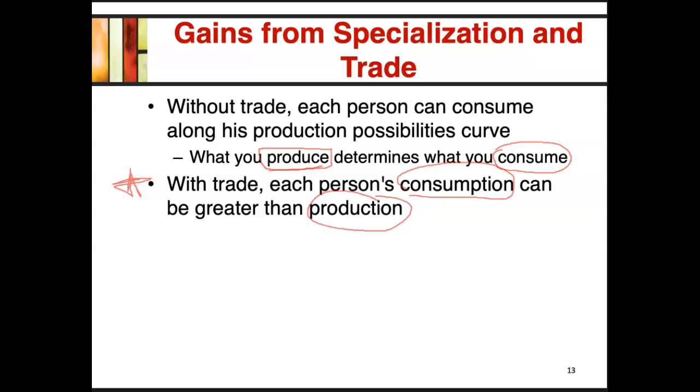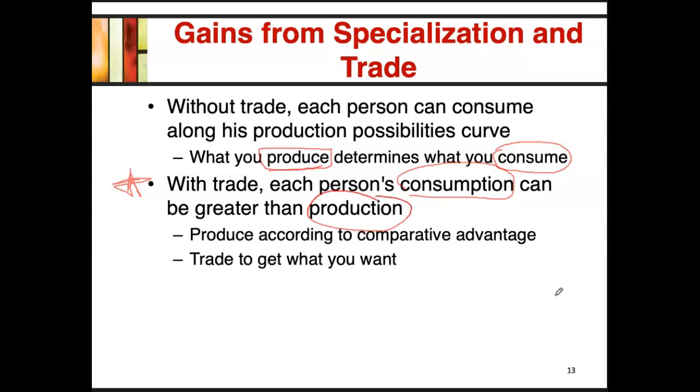We can illustrate this by looking at Claire and Nathan. Specialization always comes with trade, and trade comes with better consumption levels. So you produce according to your comparative advantage, and you trade to get what you want.